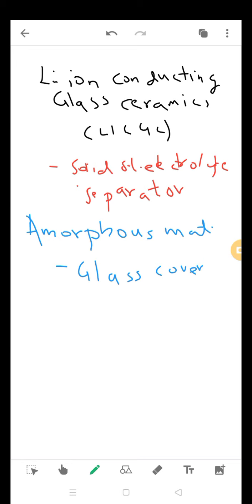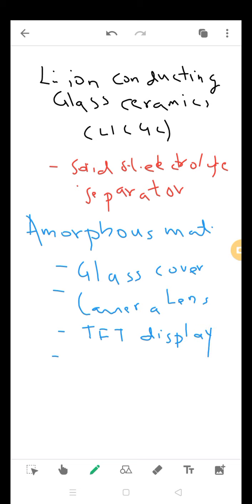Then it can be used as a camera lens, TFT displays, dielectrics, and circuit packaging.